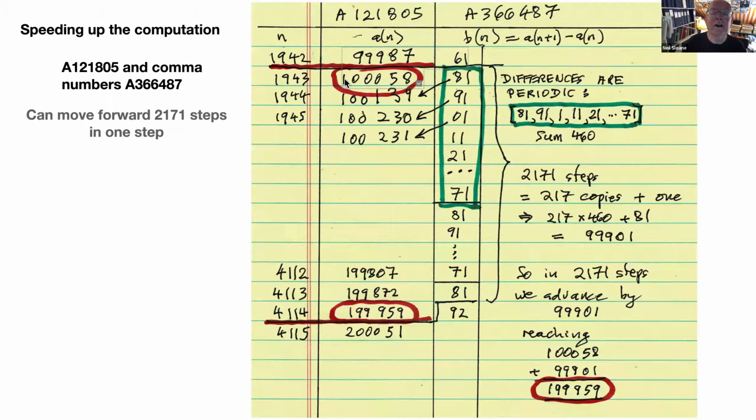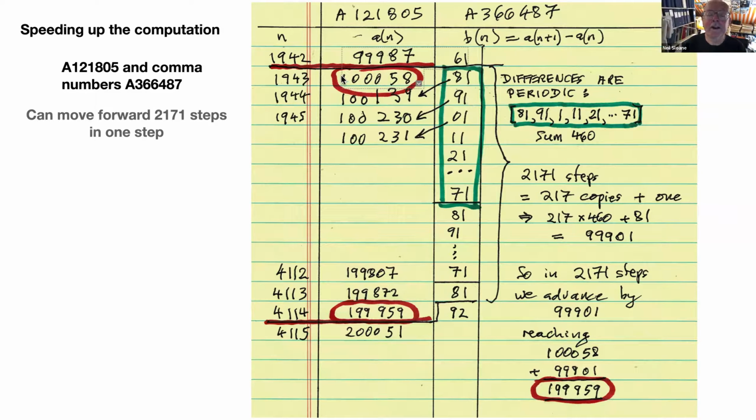The next number begins with 1, 100,058. And you get it by adding 61 to that. This has comma number 81, and you add 81 to 10058 and get 139, and it ends in 9. And so the next comma number is 9.